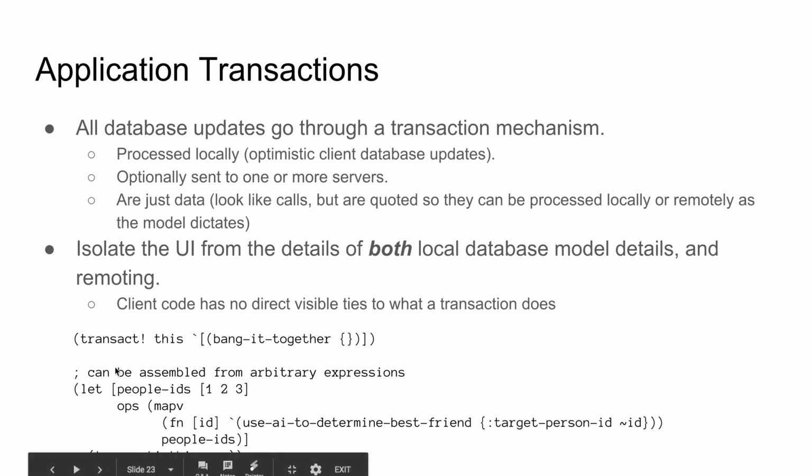So for example, if I want a symbol from an arbitrary expression, I could define my people IDs, 1, 2, 3, map into a vector over something that emits these things that look like calls, where maybe I'm saying use an AI to determine who the best friend of this target person is. Notice I'm unquoting ID there on that line for all these people, 1, 2, and 3. And then I can run a transaction on ops, which is a vector of those calls.